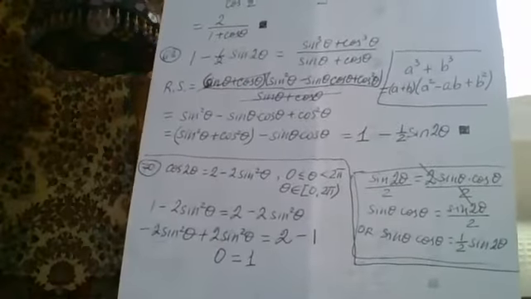Does it look normal to you that 0 is equal to 1? No. Because theta disappeared, sine disappeared with theta, and we are left with 0 equal to 1. This is nonsense. Please, in parentheses, place capital F, which is the abbreviation for false.